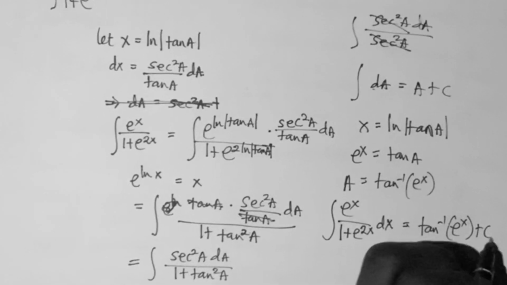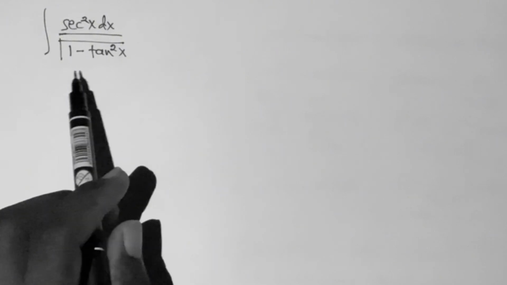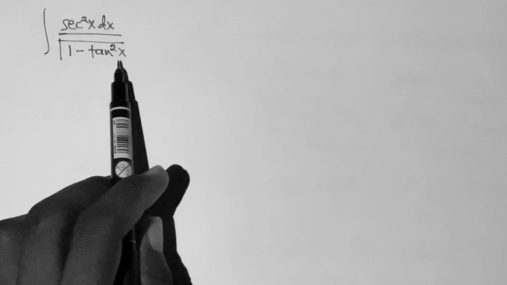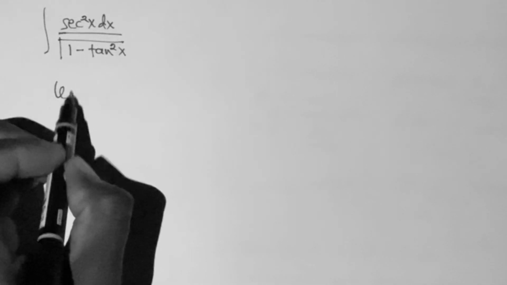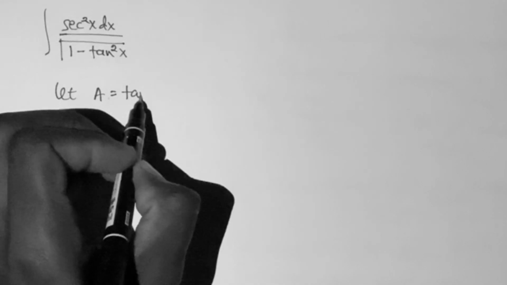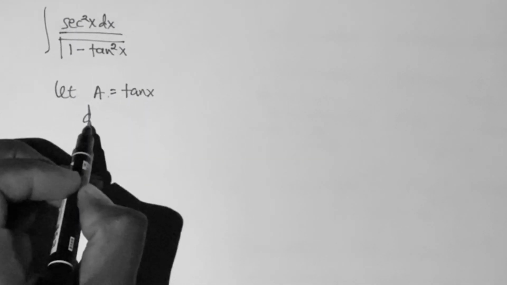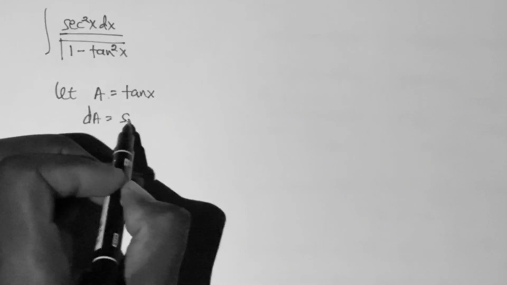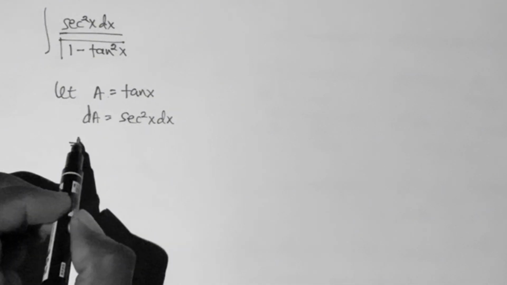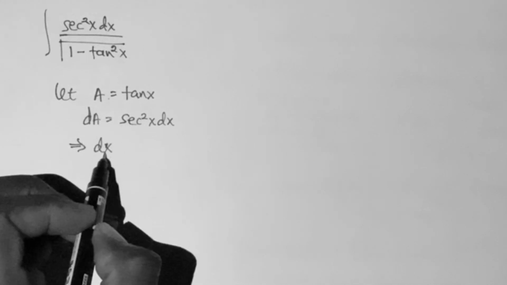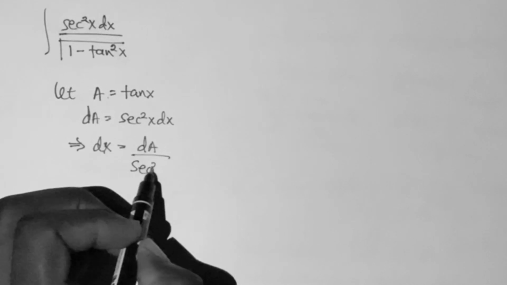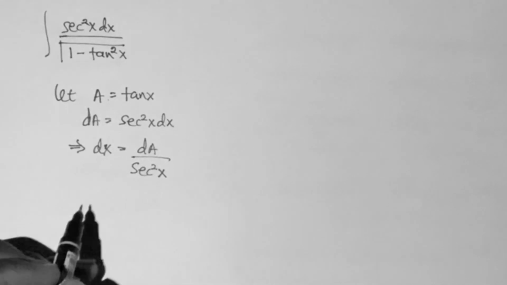Evaluate the integral of sec squared x dx divided by the square root of 1 minus tan squared x. Let a be equal to tan x. So dA is equal to sec squared x dx. This implies that dx is equal to dA divided by sec squared x.